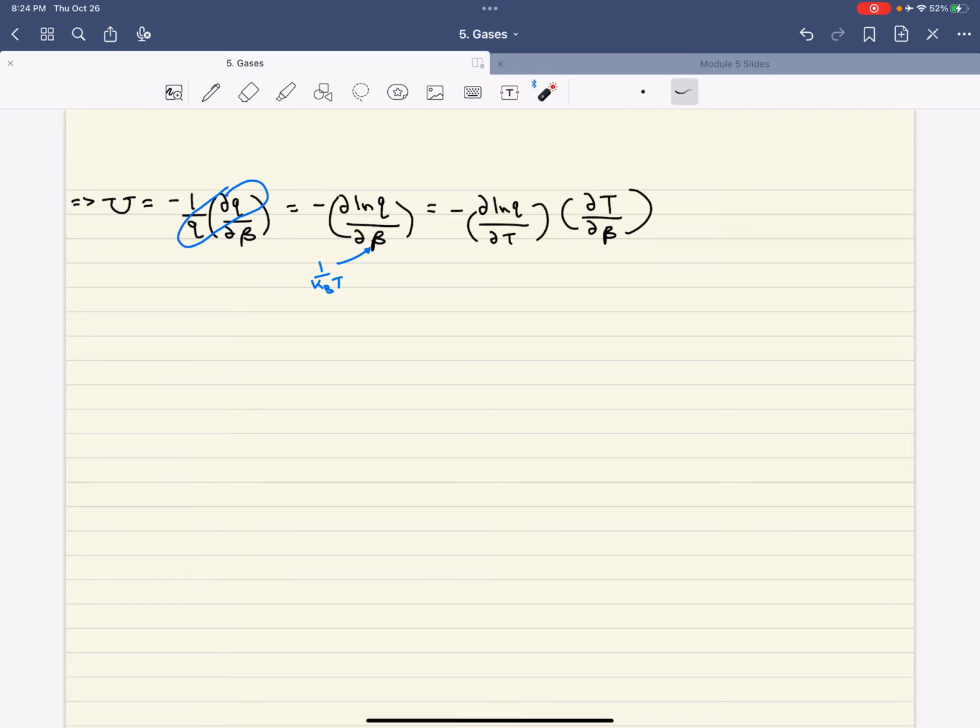And so all I did was employ the chain rule. Because we know that beta and T are related to one another, we could take this derivative, and what it's going to give us is negative kB T squared. Okay? So our internal energy, we could rewrite as kT squared d ln of q dT.